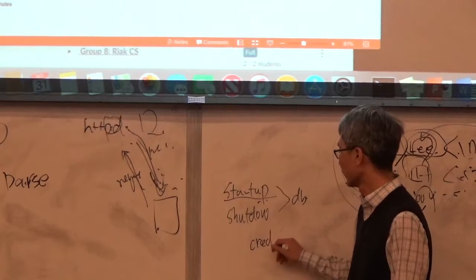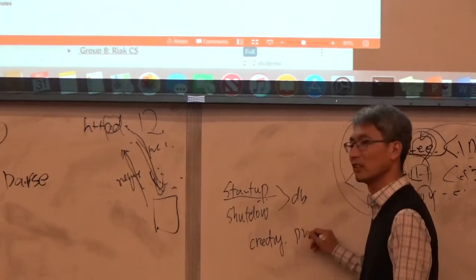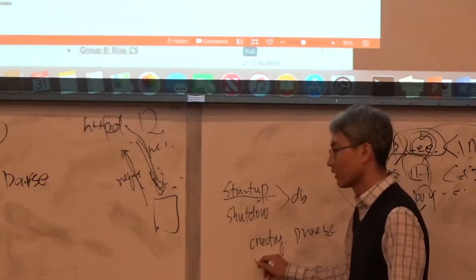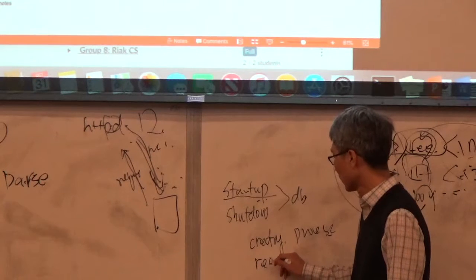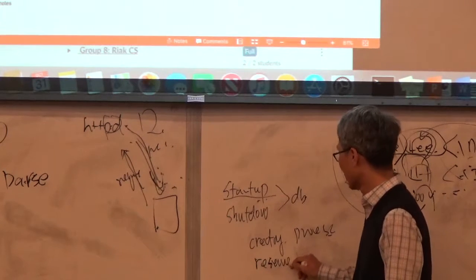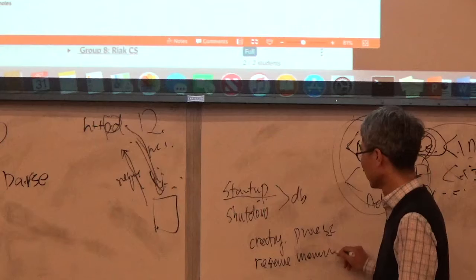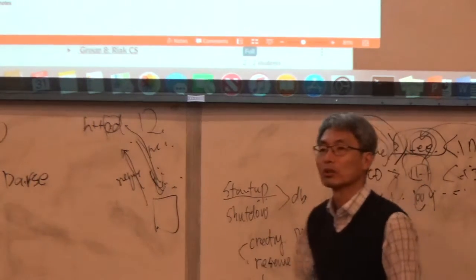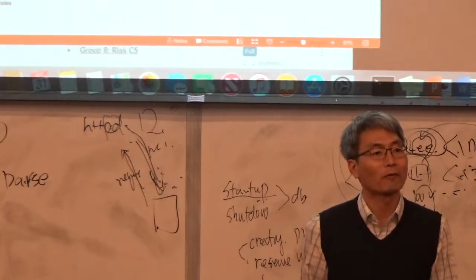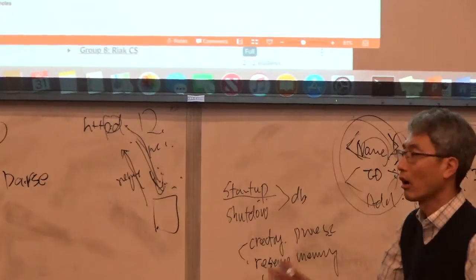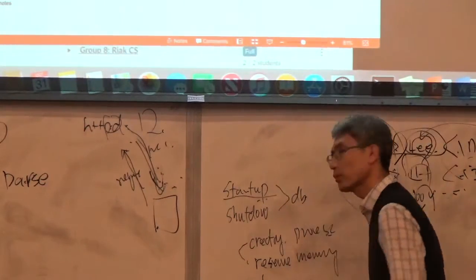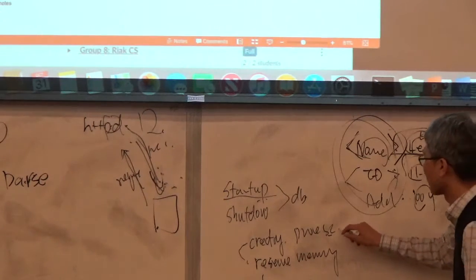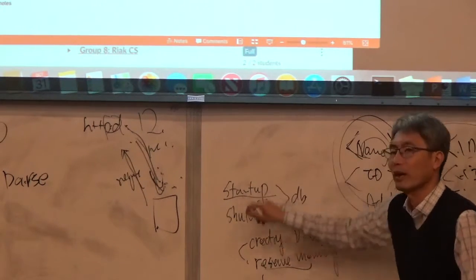Creating the process, and reserving memory. Then plus several other things. Check the permission of the file, the location, opening files, and whatever. But these two main things happen at startup.